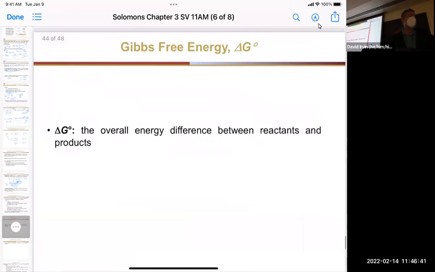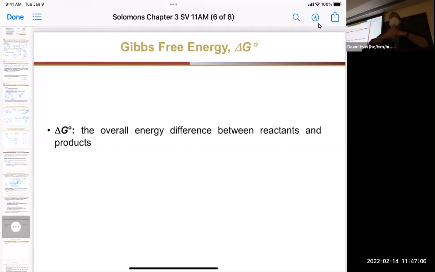Let me talk about this last little thing right here, and it's called the Gibbs free energy. We can also equate it to enthalpy. What we're looking for in the Gibbs free energy, this delta G, is the change in energy between the starting materials and the product.